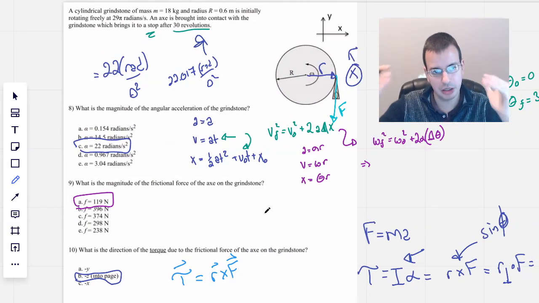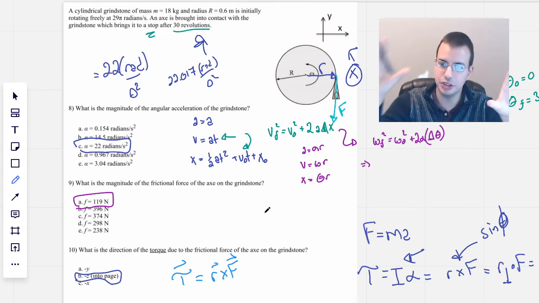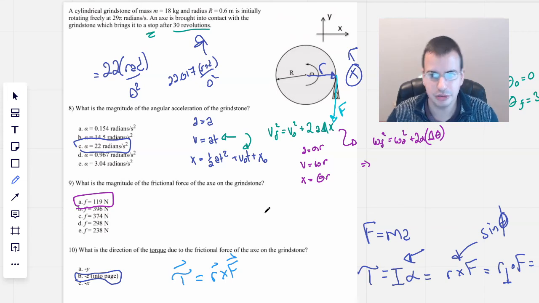To backtrack a little bit, for kinematic equations, you basically use the angular version, where the angular is the analog of the linear.